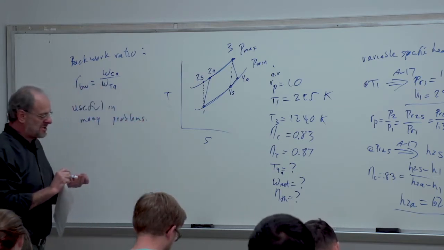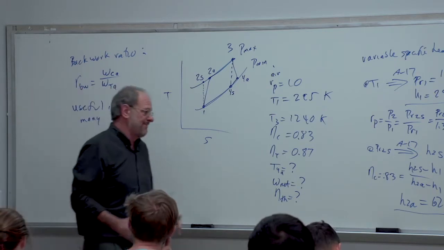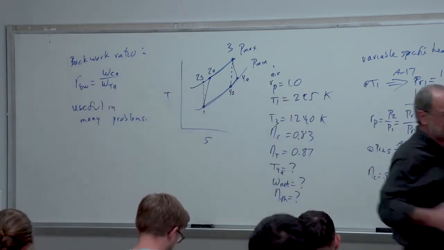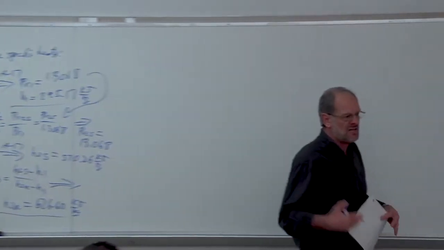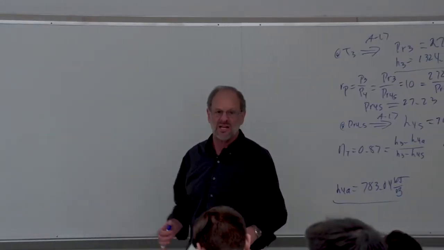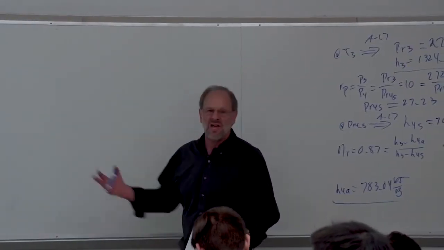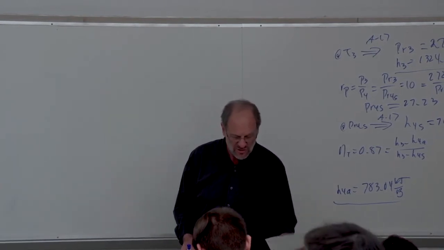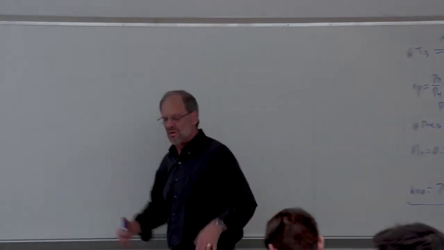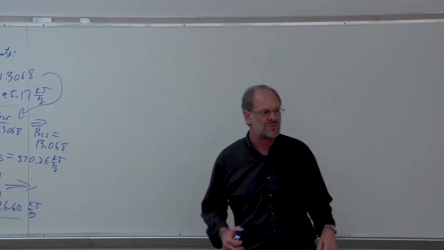Certainly our main interest is producing a lot of net work for the usual reasons, right? So that we can sell that work to our customers as electricity or provide thrust on a jet engine or whatever it might be. Nonetheless, this is something I just wanted to at least expose you to. You will be asked to find the back work ratio in certain problems.